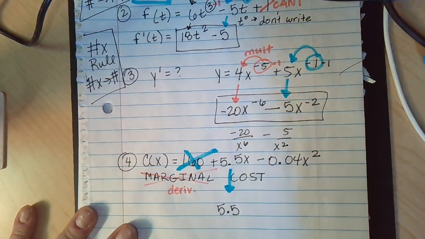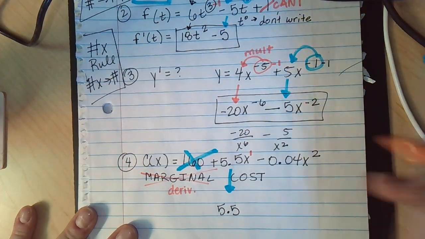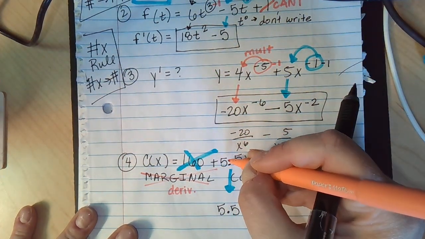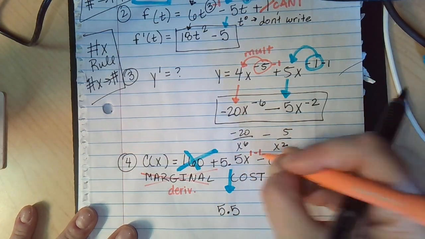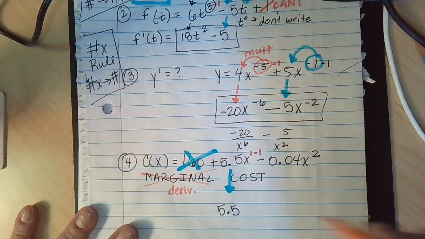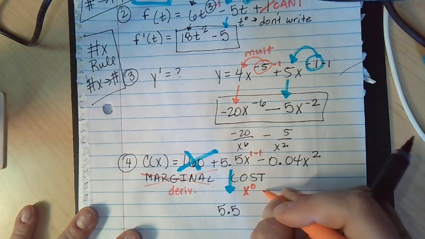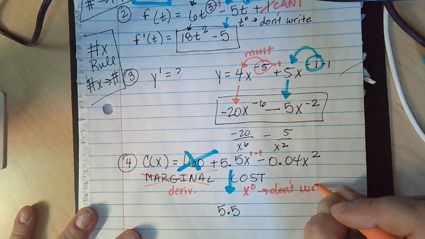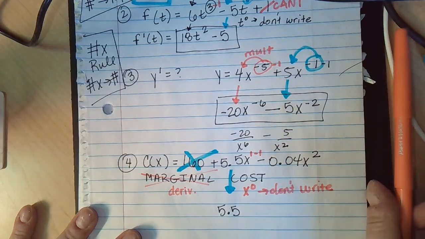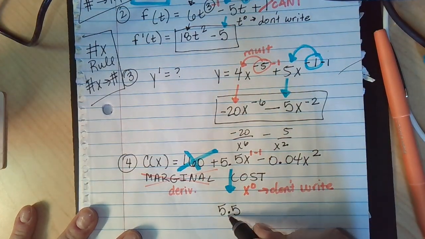Or if you want to do it the old school way, you put a 1 in the air, you multiply the 1 times the 5.5, and you write 5.5. Then you subtract 1 from the exponent, and we get x to the 0, and x to the 0 we don't write. So that's why it's just 5.5.